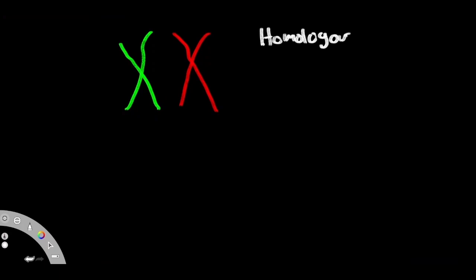Now, if we look at 2 types of chromosomes, and let's assume that they're the same size, they are now matching, all right? We call these homologous chromosomes. All right, matching.